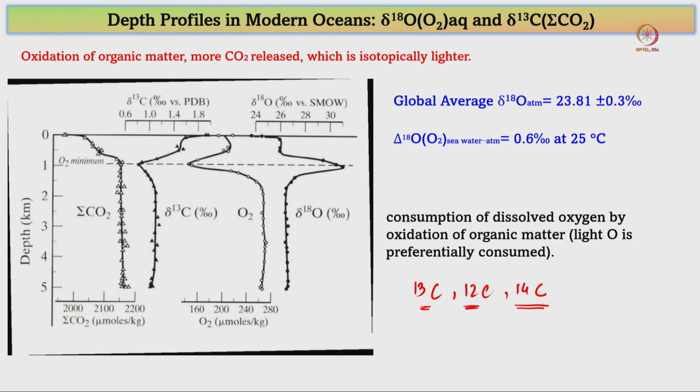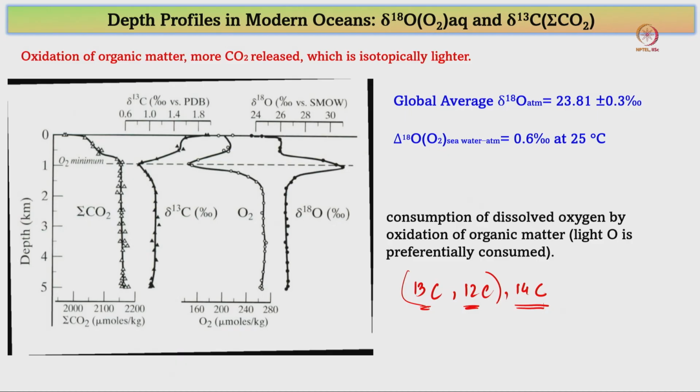It is produced due to cosmic radiation interaction and it is continuously being produced due to the interaction of the cosmic rays in the atmosphere. Okay. Now, the majority of the carbon in the ocean is therefore 13C and 12C.